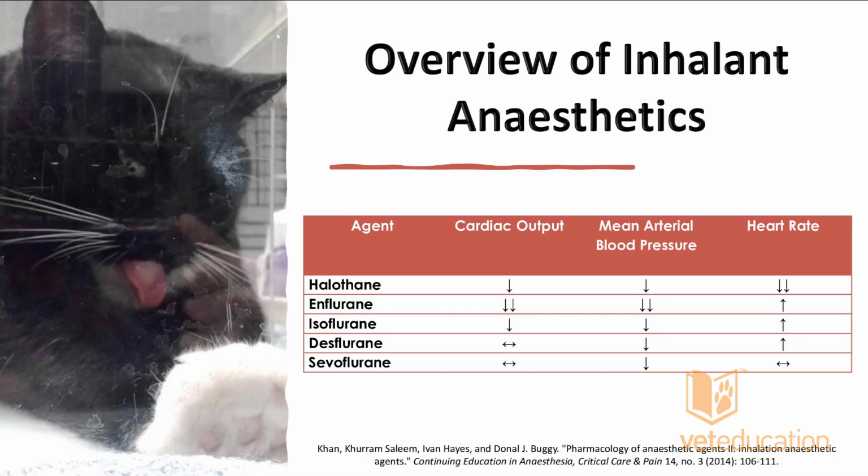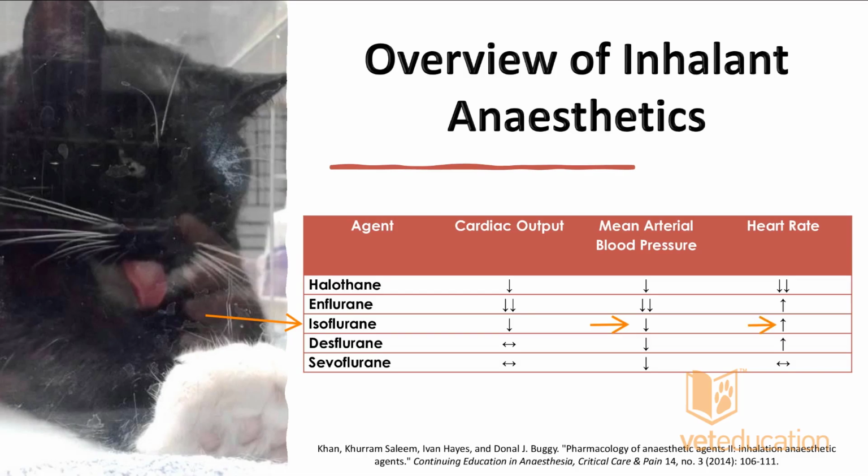Okay, most people are not using halothane now, but there are a few clinics still using it in some parts of the world. But if we look at the general properties of inhaled anesthetics, halothane, enflurane, isoflurane, desflurane, and sevoflurane, we can see that isoflurane, let's pick on this one here because it's the most commonly used, causes a decrease in cardiac output, a decrease in mean arterial blood pressure, and an increase in heart rate.